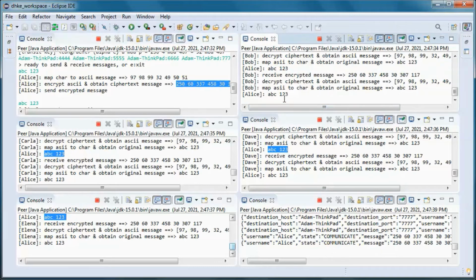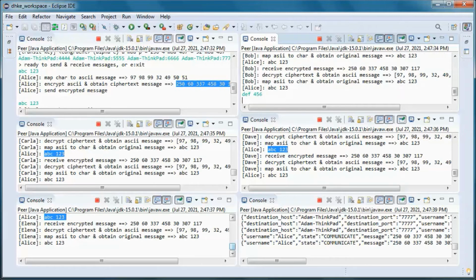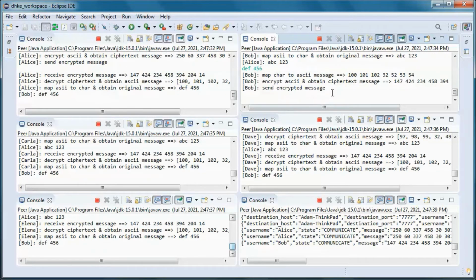So each one of the peers can send an encrypted message, and all the other peers would decrypt it using the common key and obtain the original message.